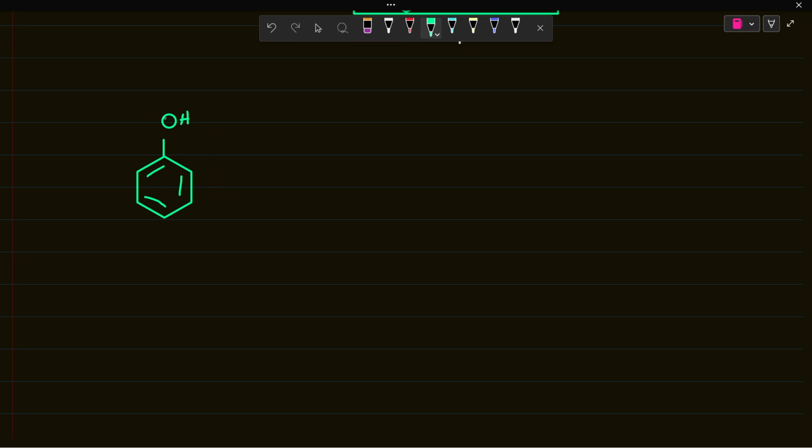This OH has two lone pairs of electrons. It converts one of its lone pairs into this bond. We get something like this. Let me draw the resonating structures of phenol so that you can completely understand how the reaction goes on. This bond pair converts into a lone pair on this carbon. So we get something like this: double bonded O, positive charge on oxygen, and H.